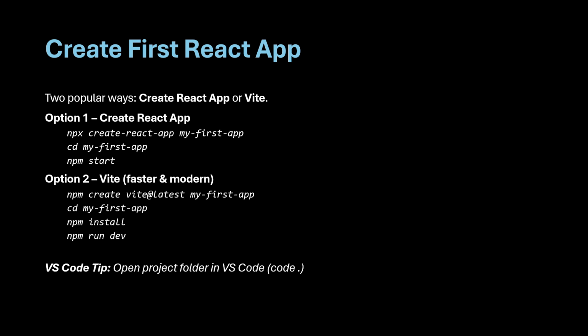Generally people use Vite because it is much faster than npx create-react-app, which takes a lot of time to install. That's why we use the Vite bundler. Vite is faster and modern, so I recommend this.